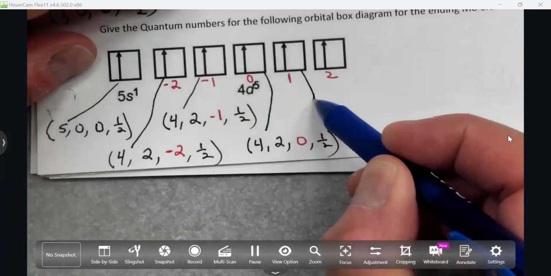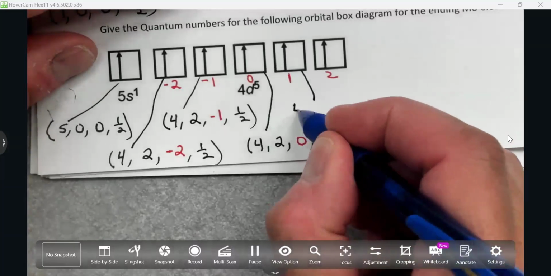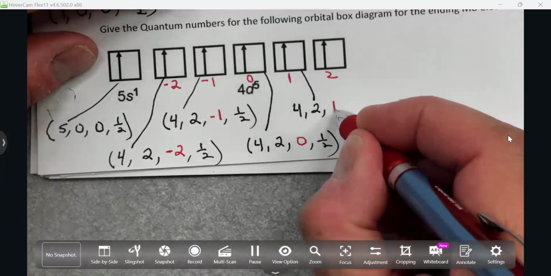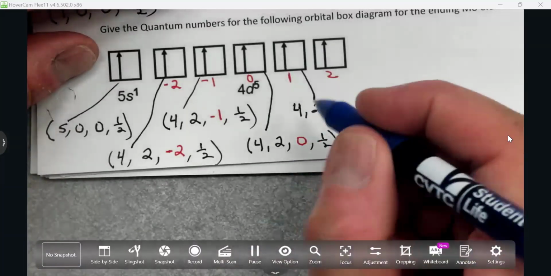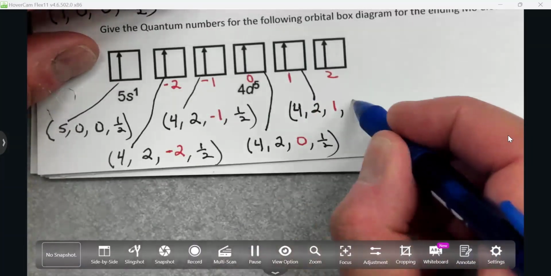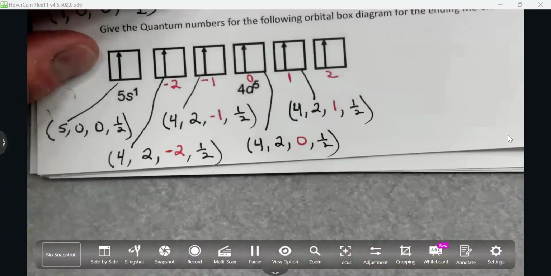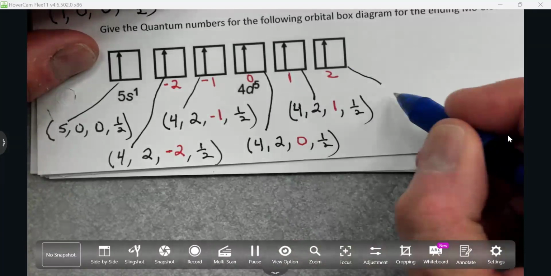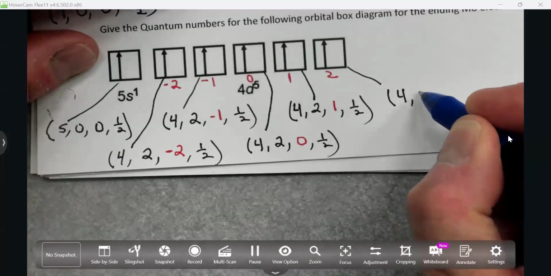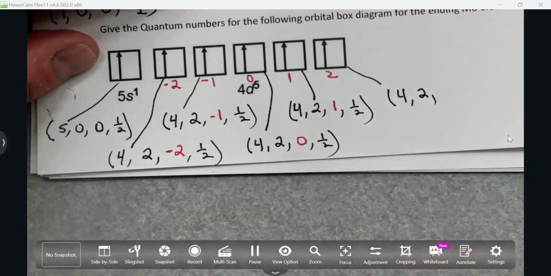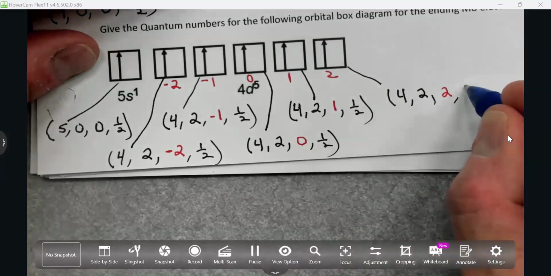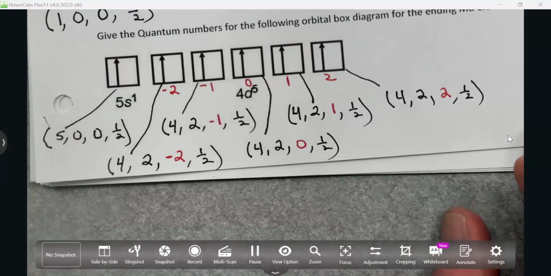This one here, we're going to have 4, 2, 1, 1/2, right? And the last one is going to be 4, 2, 2, 1/2.